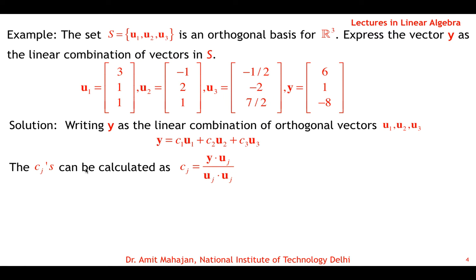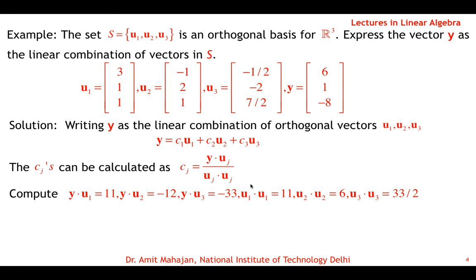So for the cj's we need the dot products of y with u1, u2 and u3. You can calculate y dot u1 as 11, y dot u2 as minus 12, since minus 6 plus 2 minus 8, so minus 14 plus 2 is minus 12. Then u1 dot u1 is 3 squared plus 1 plus 1, so 9 plus 2 is 11, and u2 dot u2 is 1 plus 4 plus 1, so 6.